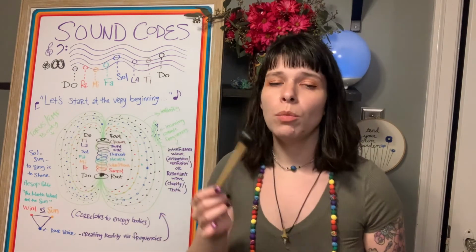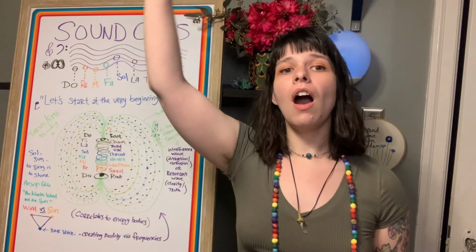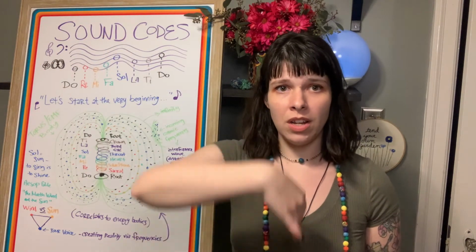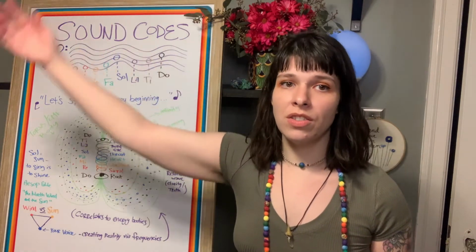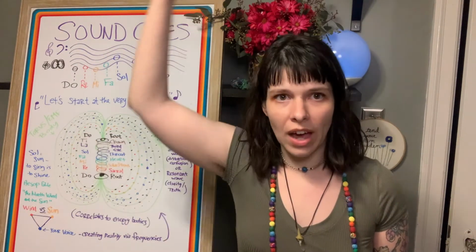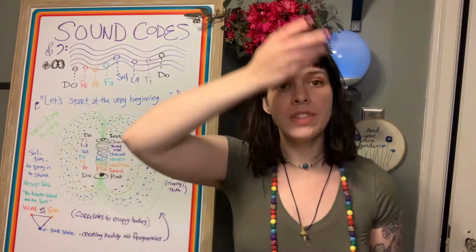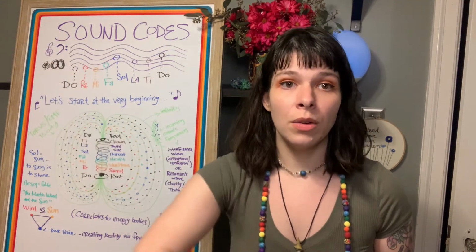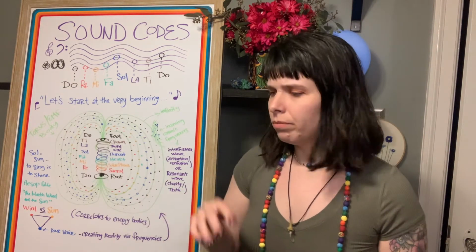And try, move your mouth around. Fa. If you need to move your hand so that you can move this energy, this tone that you're creating, do that. That's exactly what you need to be doing to move this frequency and to create the reality with it. Okay, so fa, double check.